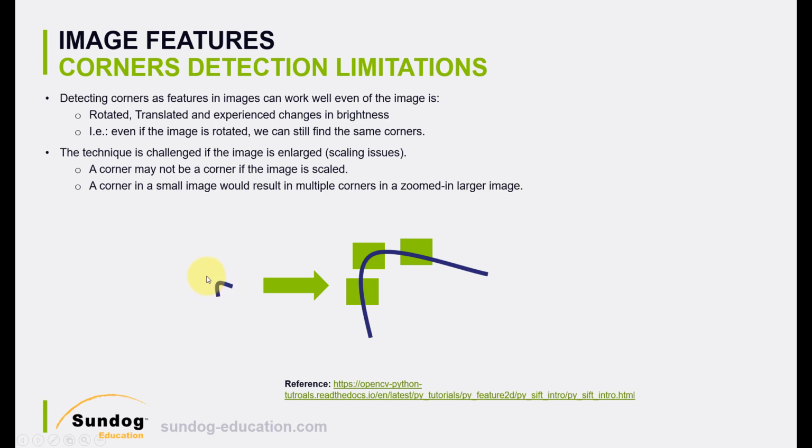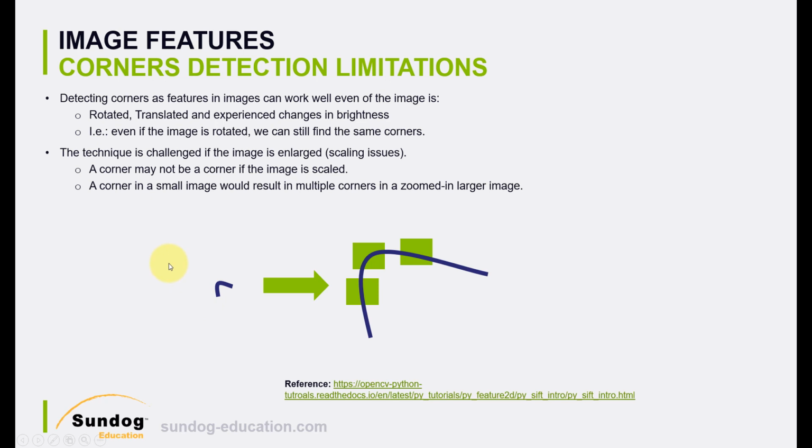and we zoom in, or do image pyramiding, you will find that a corner in a small image results in multiple corners in a zoomed in, larger image. If we zoom in, we can find a corner here, a corner there. So the technique might be challenged when we try to scale the image or zoom in.